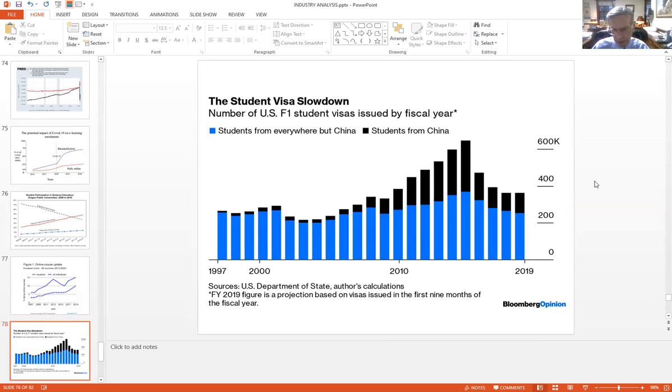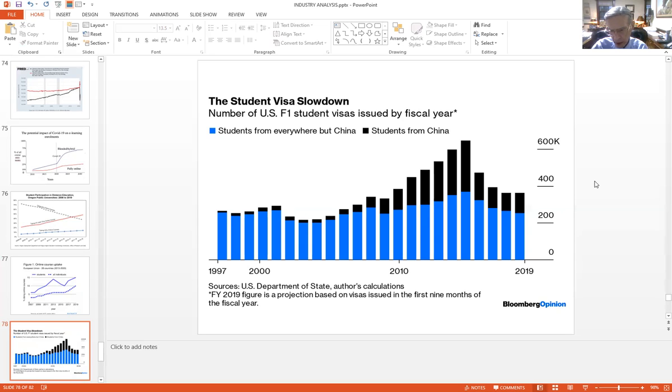Here is an issue that US universities and colleges are really grappling with, and that is the issuance of student visas. Another way to say it is the enrollment of foreign students in American colleges and universities. You can see that in the past few years, it's really dropped starkly. Partly that's because the relationship between China and the US has been so strained.